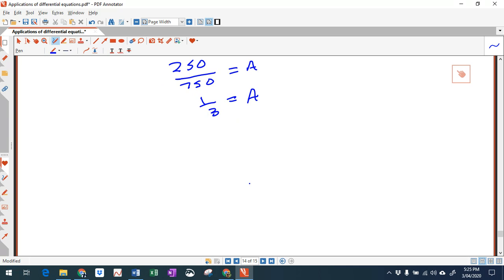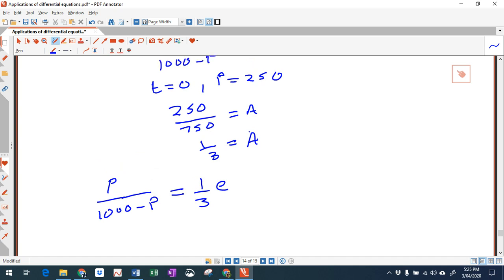All right. So what's our equation become now? So now we have P over 1000 minus P is equal to 1/3 E to the 2.4T, yes, E to the 2.4T.